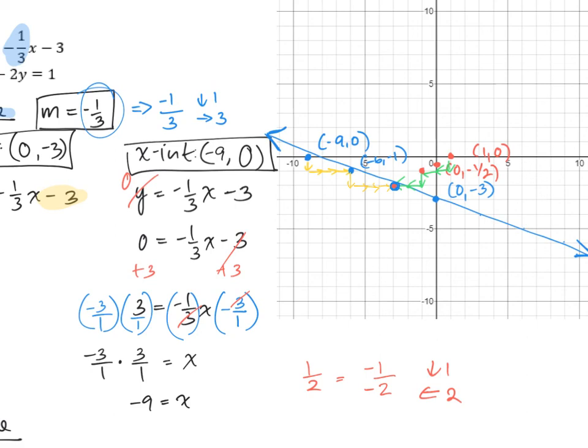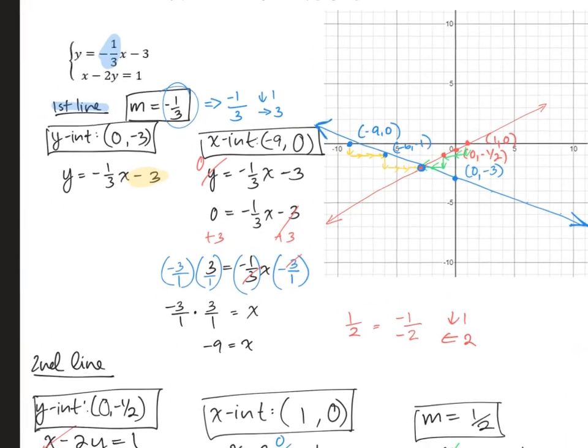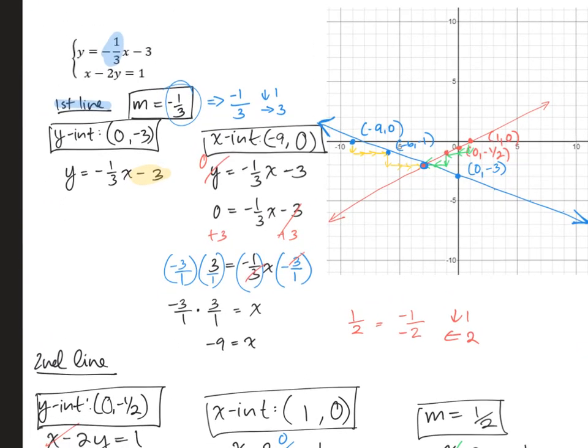Let me go ahead and first draw in my red line with my arrowheads. And there we go. Question, are we done? So close. Remember, step 3, we need to actually identify what kind of a solution we have. So let's see, what is our solution going to be? Well, they intersect at 1 point. But if they intersect at 1 point, remember, you need to tell me what that point is.